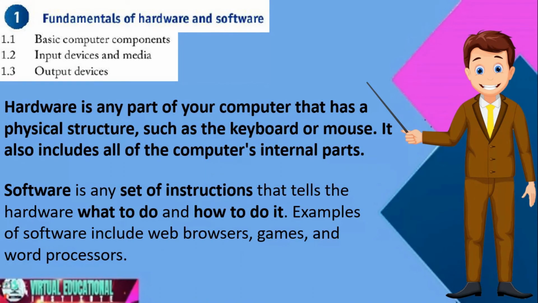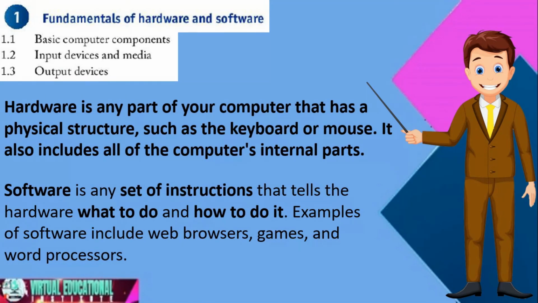All right. Now, let's turn our attention to the software. The software of itself is generally the opposite of the hardware, in some essence, meaning software, you can see it, but you cannot touch it. So, software is any set of instructions that tells the hardware what to do and how to do it.